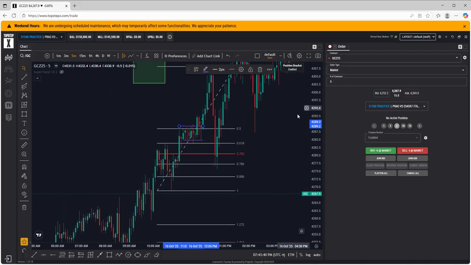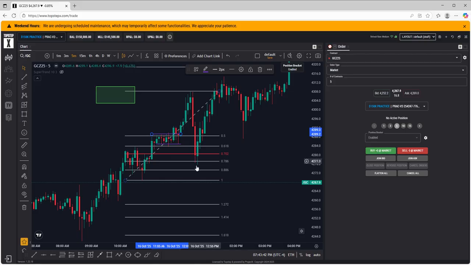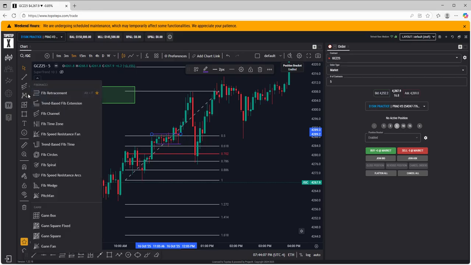But what did it play off of, right? Let's look at it again. Structure is first. From my previous low to my newest high, right? Liquidity was swept both ways, touched my order block, my last down candle before the up move.